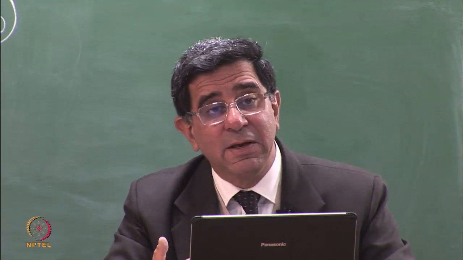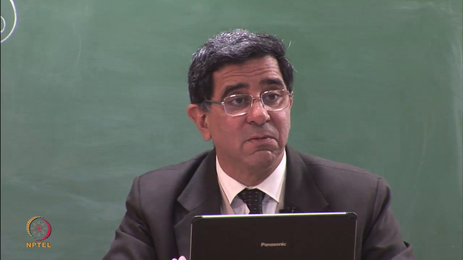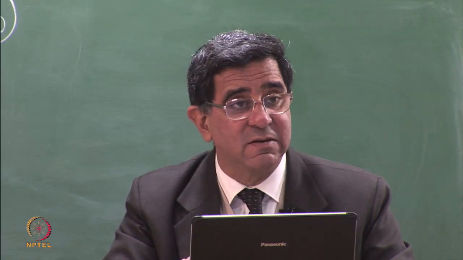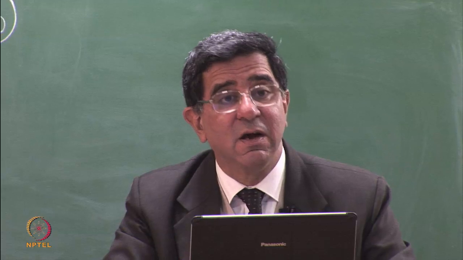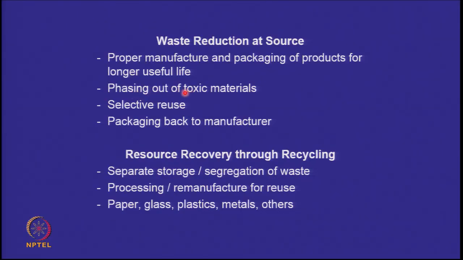So these may be producing less waste coming out of the system than your very strong surfactants and detergents and other products which may be having a higher effect on the environment. So you may phase out the artificial materials by more natural materials. And you may do selective reuse of these materials as well.